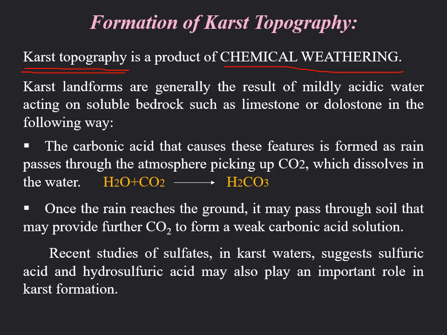So karst landscapes are generally the result of mildly acidic water acting on soluble bedrock such as limestone or dolostone in the following way. The main solvent for the reaction is carbonic acid.